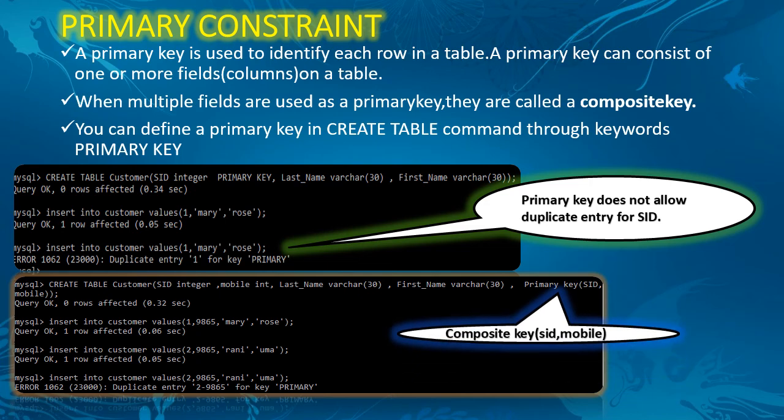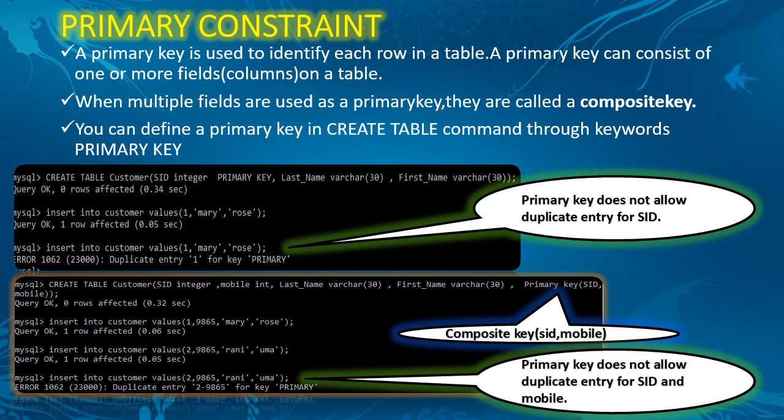See here another example. The primary key is created for two columns, SID and mobile, so it's called a composite key. Only when we give the same existing values for both SID and mobile does it raise the error. First time I inserted a record with 9865, and it's inserted. Second time I give SID 2 but the existing mobile number, so it won't show any error.